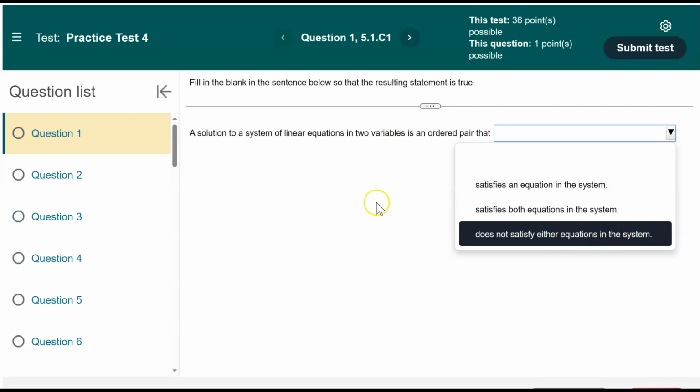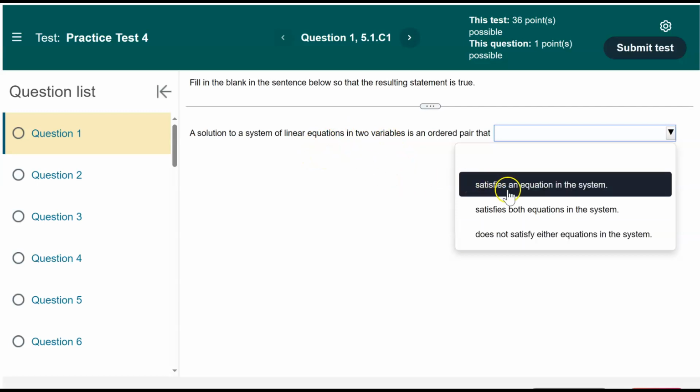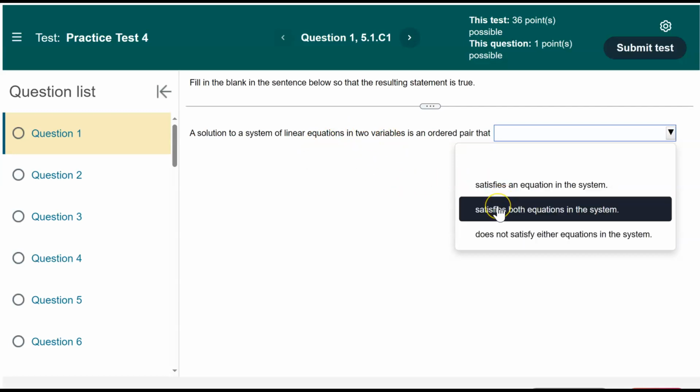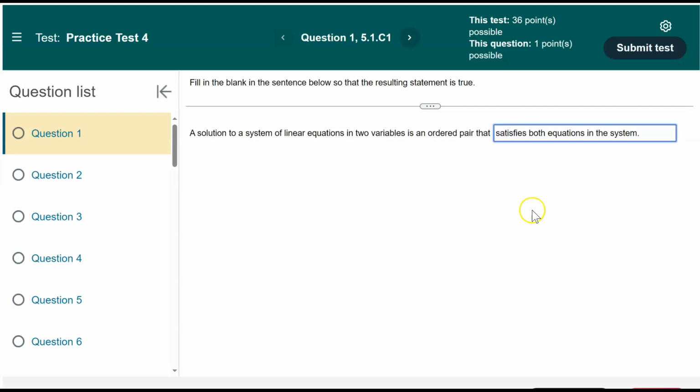When you say solution to a system of linear equations in two variables, that means you have two equations. A solution to a system means a point that satisfies all equations in the system. So it is a point, an ordered pair, that satisfies both equations in the system.